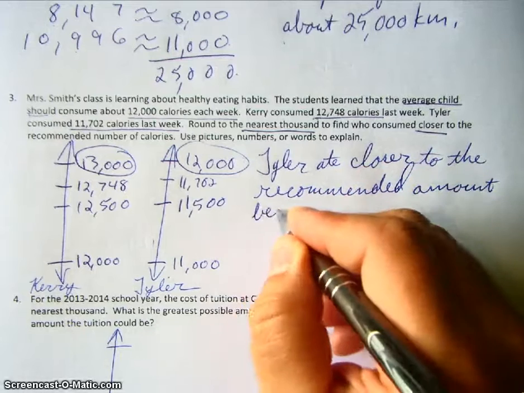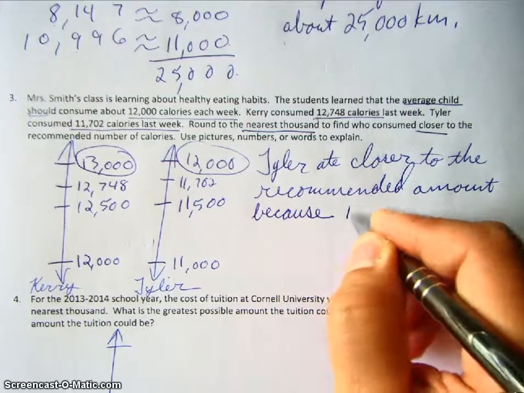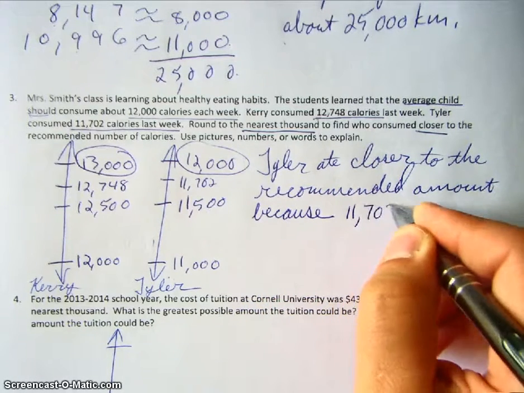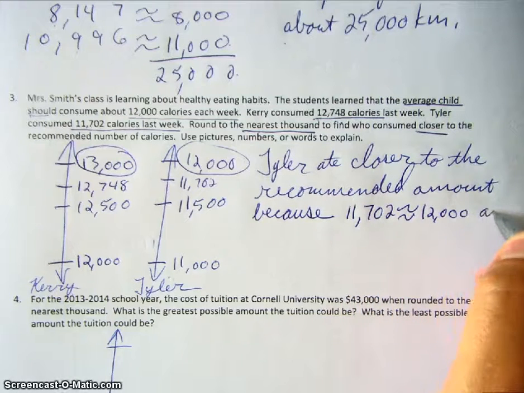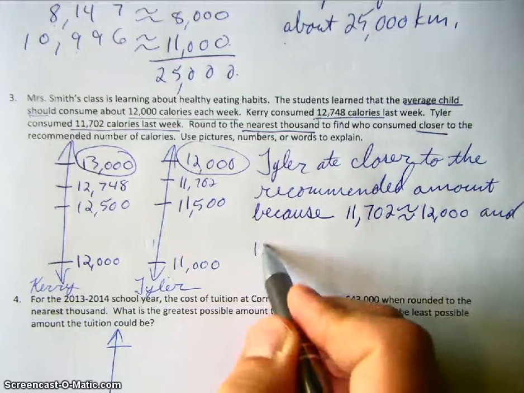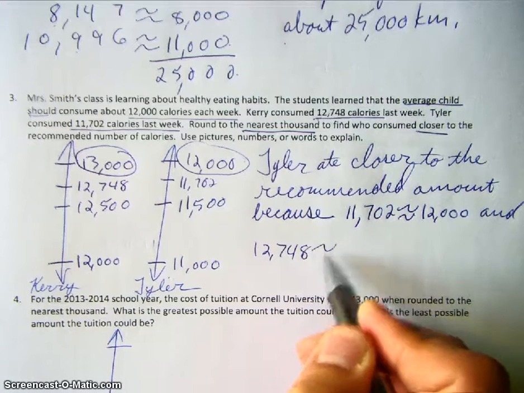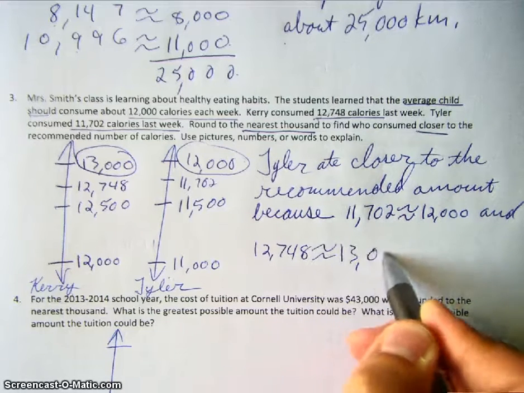Okay, because 11,702 rounds to 12,000, and 12,748 rounds to 13,000.